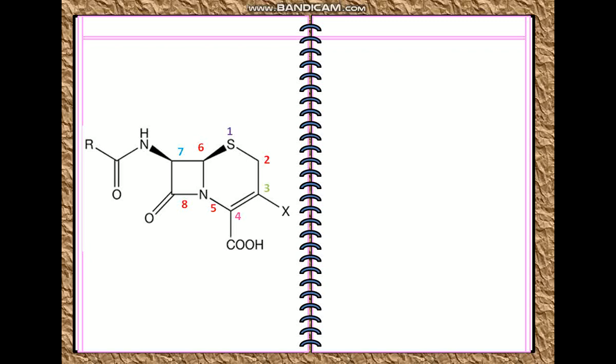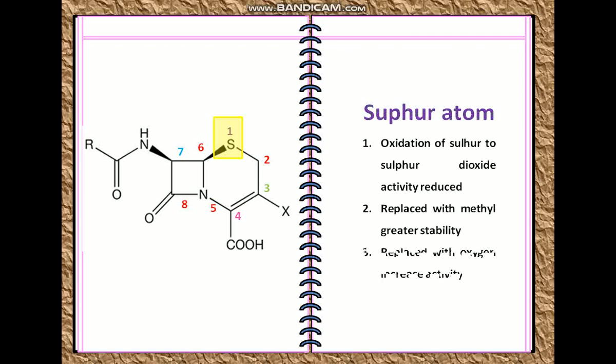All these groups or atoms are essential for activity, and the substituents and their activity are based on the structure. So let's start the structure-activity relationship with the sulfur atom. The first point is oxidation.